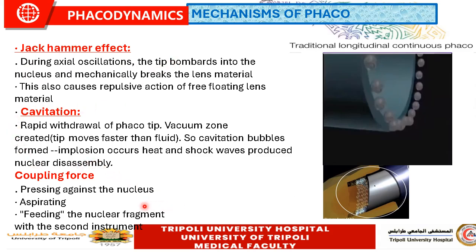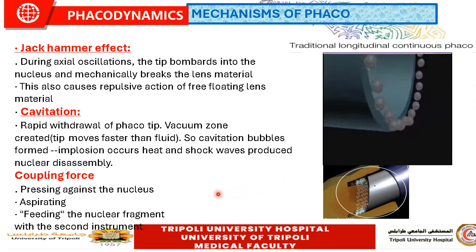Now, the third mechanism that assists in the emulsification of the lens fragment is the coupling forces. By coupling forces, we mean that the surgeon helps to emulsify the lens matter by, for example, pressing against the nucleus during phacoemulsification, or using the chopper in the other hand to press the lens fragment against the phaco needle, or by the aspiration force.